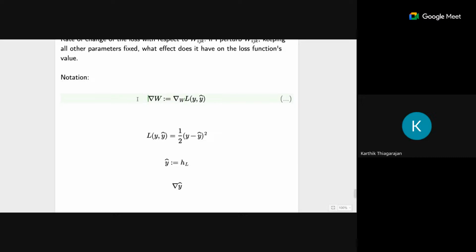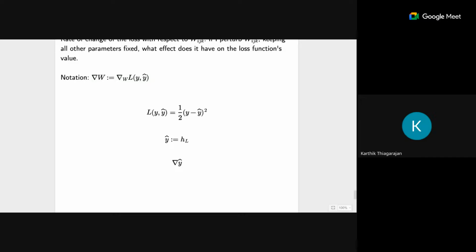This is the notation that you will have to remember. Is this fine with everyone? Because this will be used left, right, center. If you don't understand this, it's going to be hard.